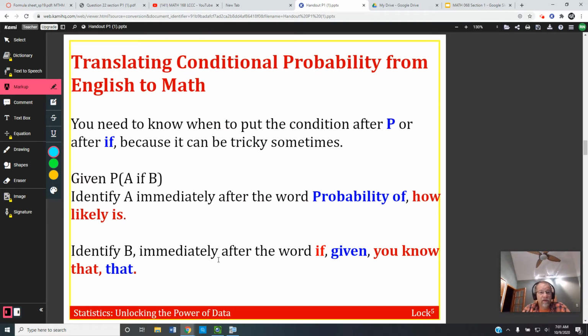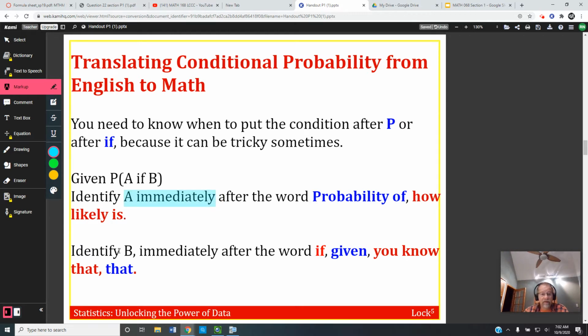Translating conditional probability from English to math. If you need to know when to put the conditional P or if it comes after if, because it can be tricky sometimes. So what we're identifying here are the values of what is the probability and what is the given condition. It says given probability of A if F, identify A. Identify A immediately after the word probability.